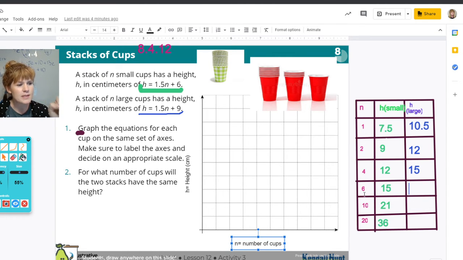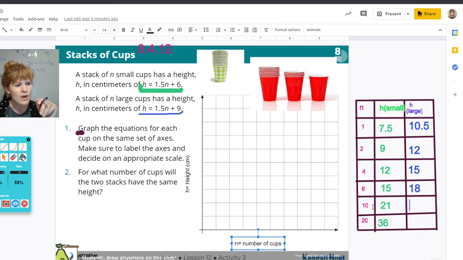When n equals 6, then 1.5 times 6 is 9. 9 plus 9 is 18. Look, it's 3 centimeters greater than the stack of small cups. It's always 3 centimeters greater. 9 plus 3 is 12. 12 plus 3 is 15. 15 plus 3 is 18. So that's going to keep going.